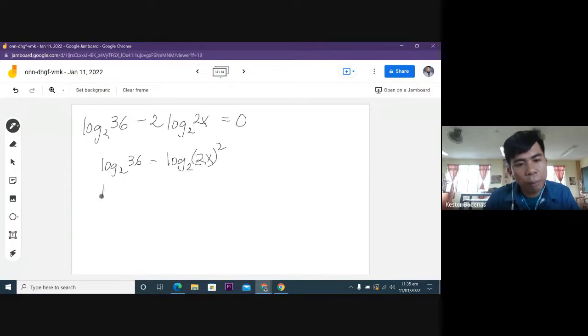Magiging logarithm of 36 minus logarithm of 4x squared with the base 2 equals 0.